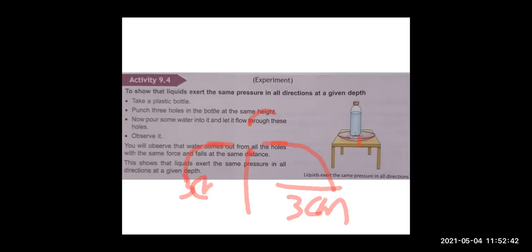Similarly, 3 centimeters far it is falling on the left side, and 3 centimeters far it is falling towards the front, and 3 centimeters far it is falling at the back. So it is falling with the same force at the same distance. So what does this prove? This proves that the liquid pressure is the same at a particular depth of 2 centimeters in all directions, right?